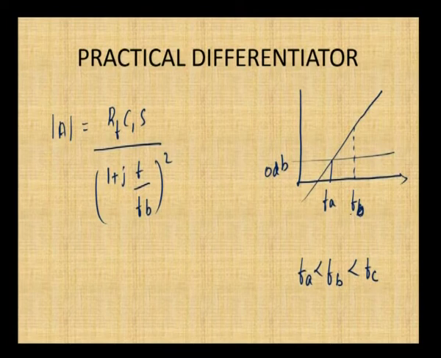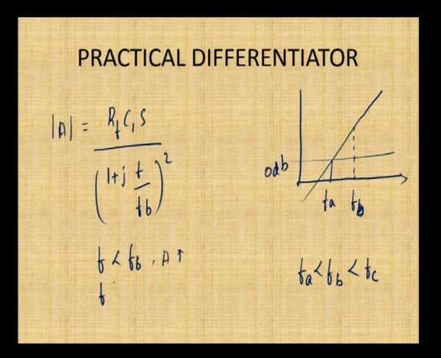So, here if the frequency is less than Fb, the gain is increased at the rate of plus 20 dB per decade, and if the frequency of the input signal is increased after this Fb, the gain will decrease at the rate of minus 20 dB per decade as per this equation.